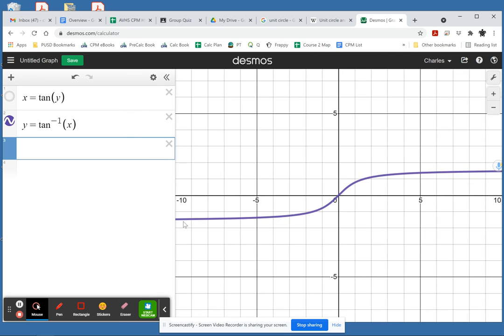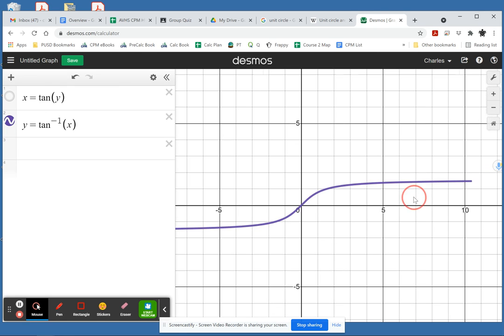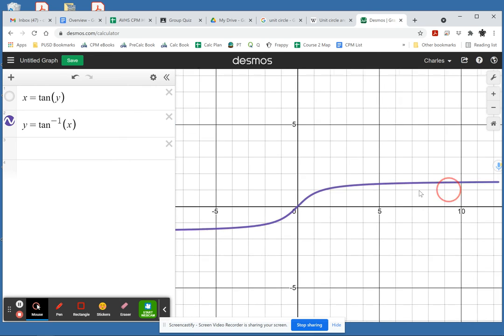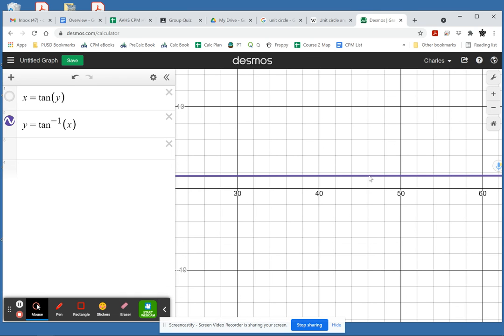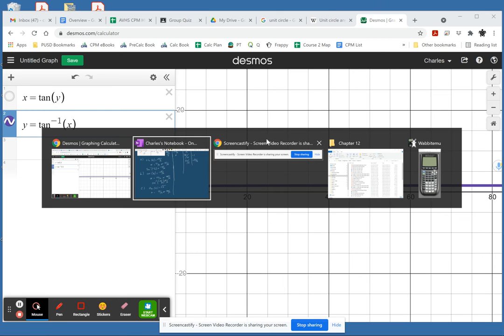X goes between negative infinity and infinity. Y, what does y do? I think y goes between pi over 2 and negative pi over 2.